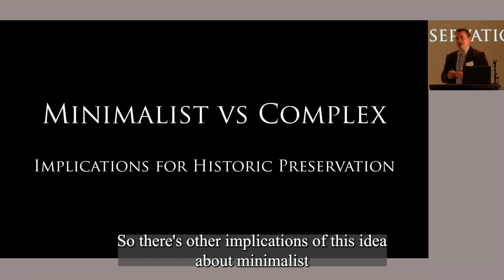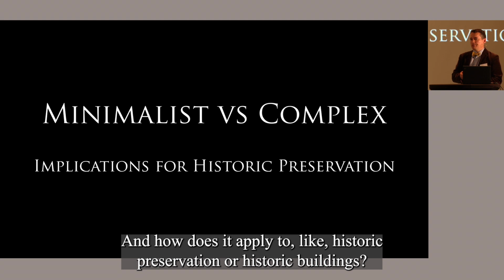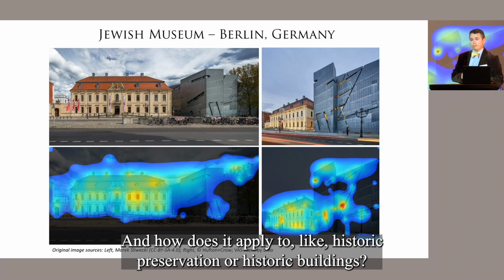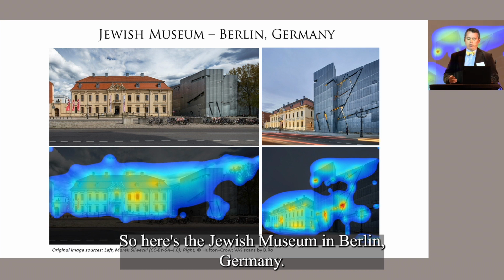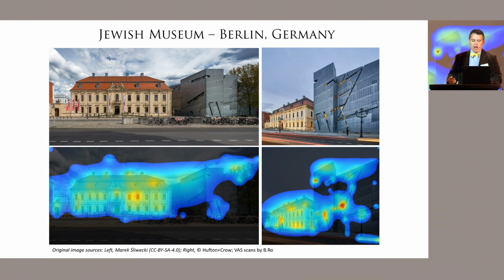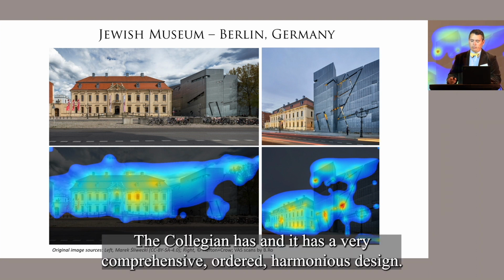So there's other implications of this idea about minimalist and complex architecture and design and ornament. And how does it apply to historic preservation or historic buildings? So here's the Jewish Museum in Berlin, Germany. We see the original older Baroque palace, the Kollegienhaus.